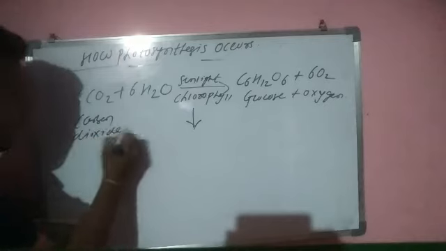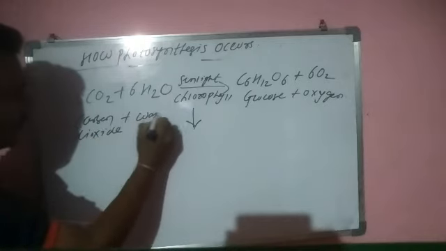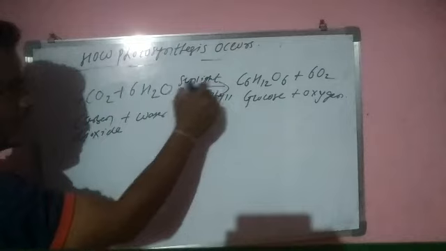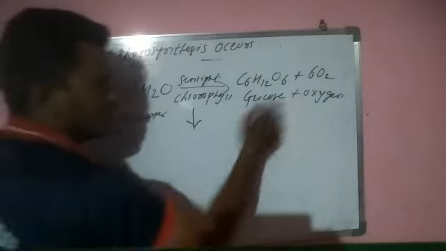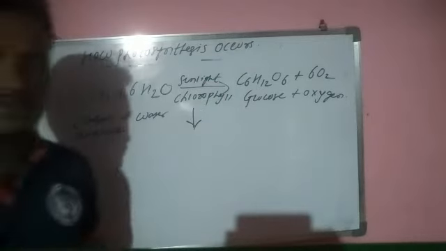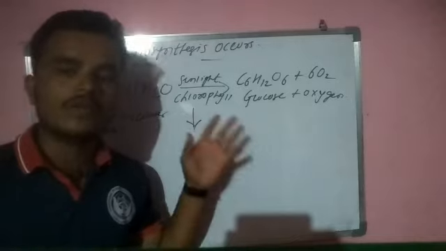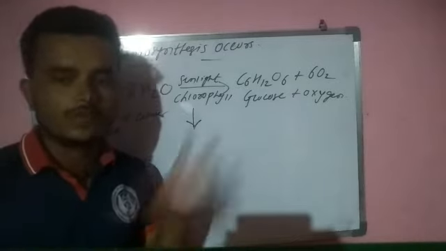When carbon dioxide reacts with water in the presence of sunlight and chlorophyll, it gives glucose and oxygen. This is the net result of the photosynthesis process.